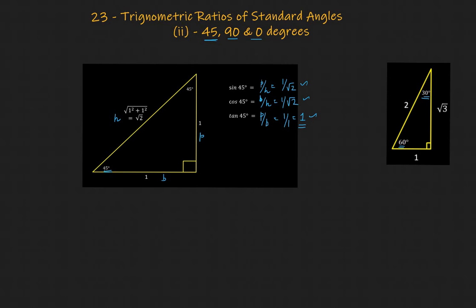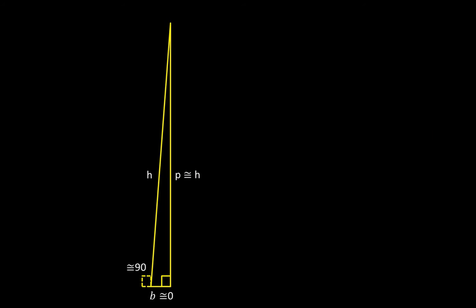So now let's look at the 90 degree angle, and let's visualize that in the form of a triangle. So here is a triangle which is a very, very long triangle in terms of the height, or the perpendicular distance is very, very large in comparison to the base, which is approximately 0.